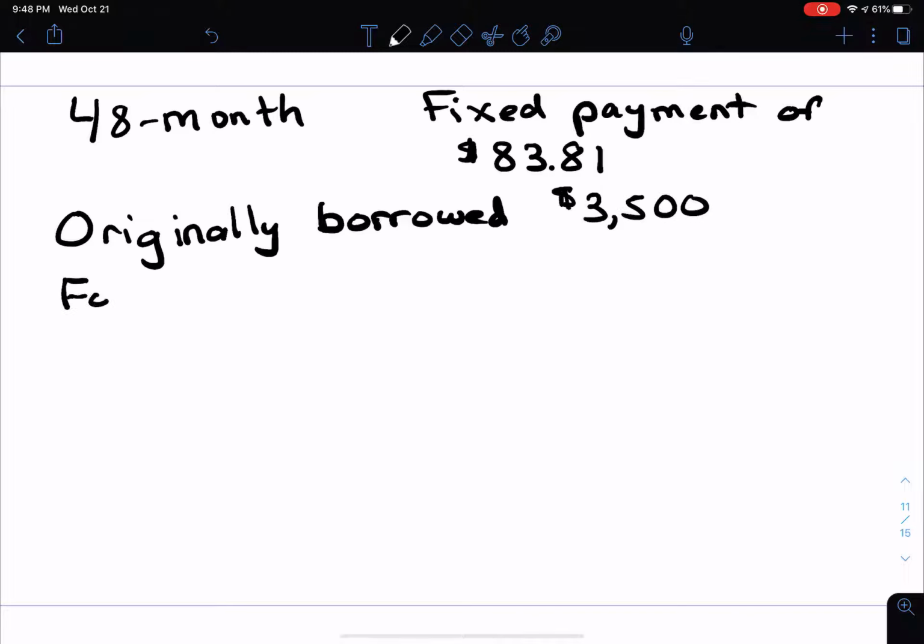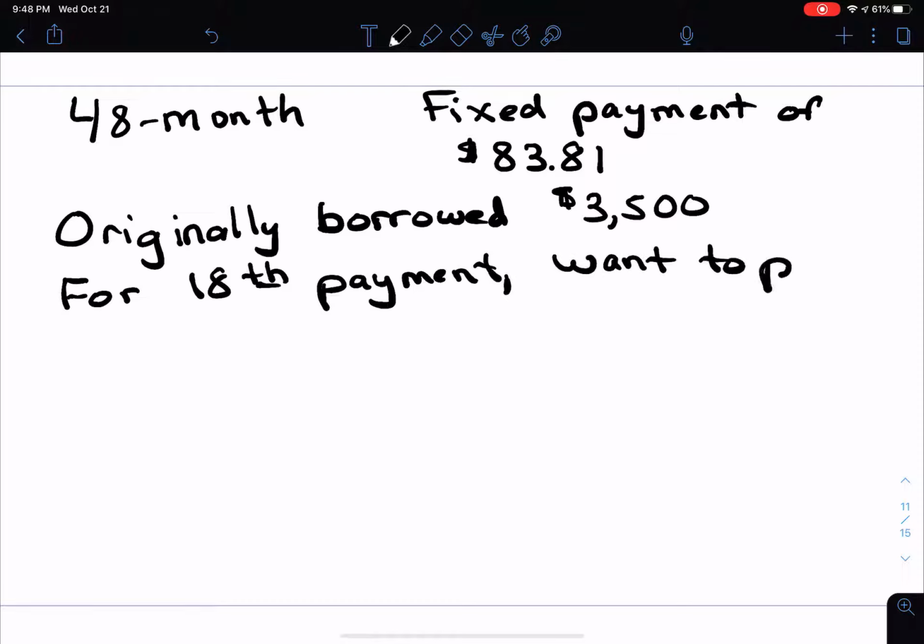For the 18th payment, we want to pay it off. So for this payment, you're going to pay that month's payment and the remaining principal beyond that month, and not the interest beyond that month.